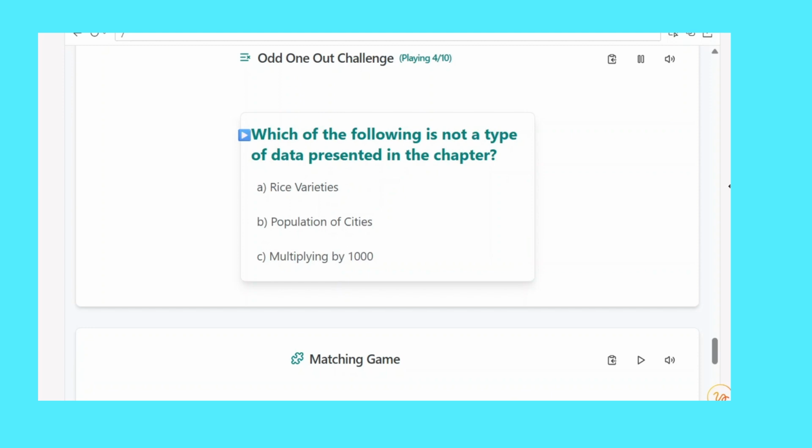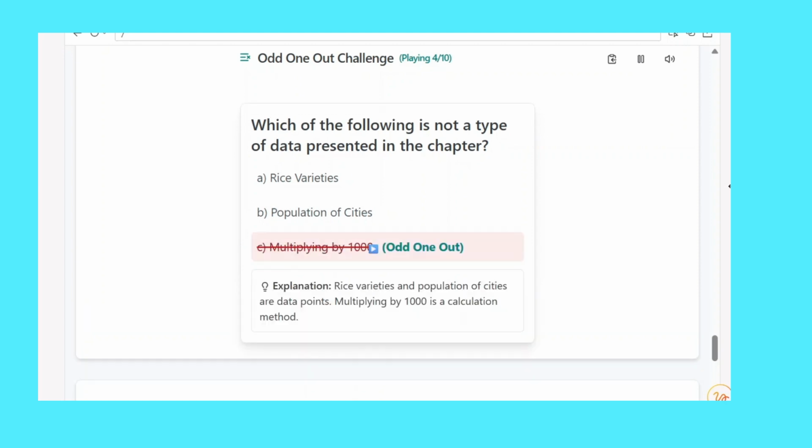Which of the following is not a type of data presented in the chapter? Rice varieties, population of cities, multiplying by 1000. The odd one out is multiplying by 1000, because rice varieties and population of cities are data points, multiplying by 1000 is a calculation method.